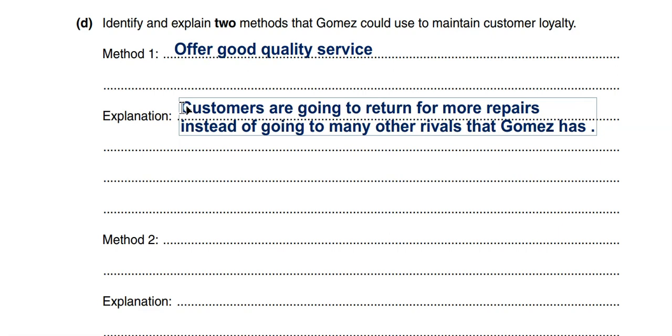So, as if I'm saying, offering good quality services, so customers would come to Gomez instead of going to other rivals. So customers would like to return. This might be an answer, of course.